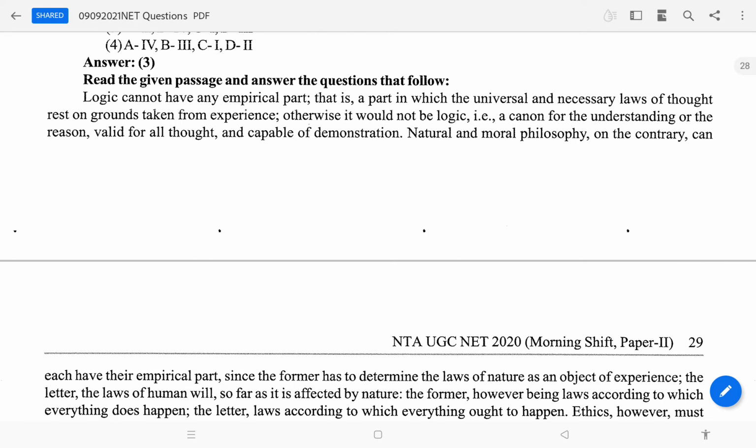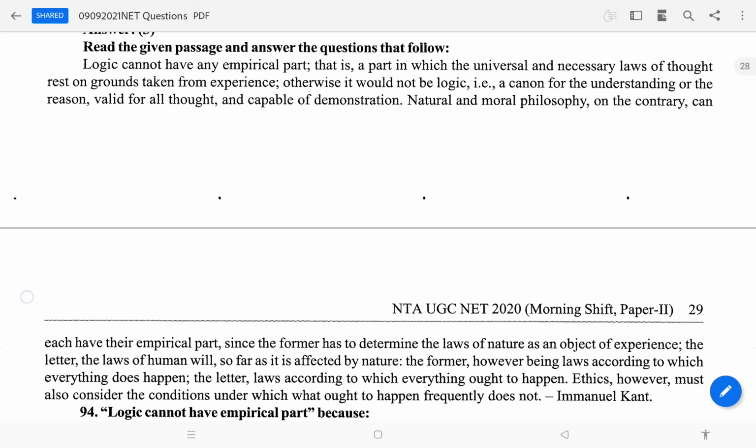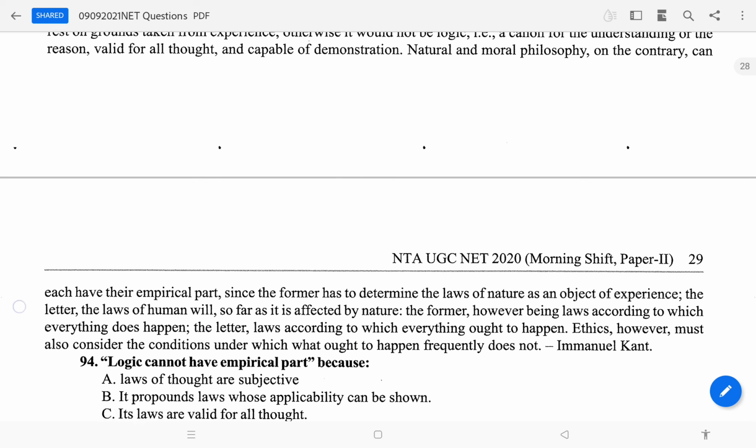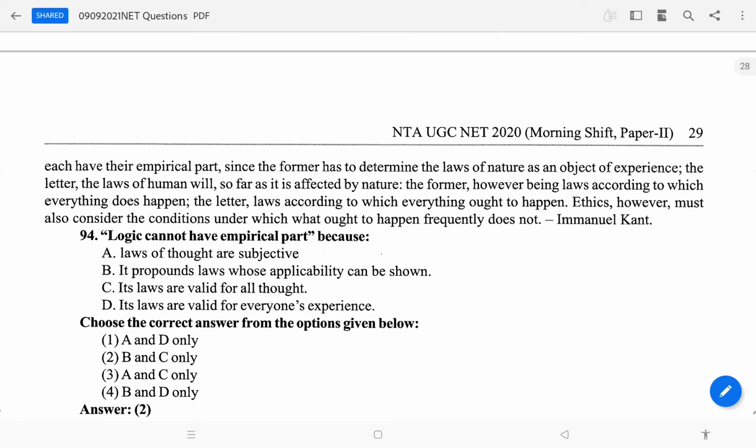Okay. Logic cannot have any empirical part, that is, a part in which the universal and necessary laws of thought rest on grounds taken from experience. Otherwise, it would not be logic, that is, a canon for the understanding or the reason, valid for all thought and capable of demonstration. Natural and moral philosophy, on the contrary, can each have their empirical part.